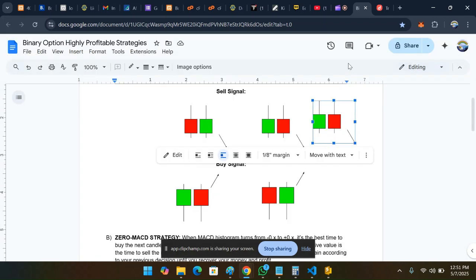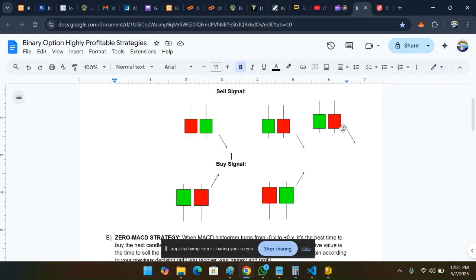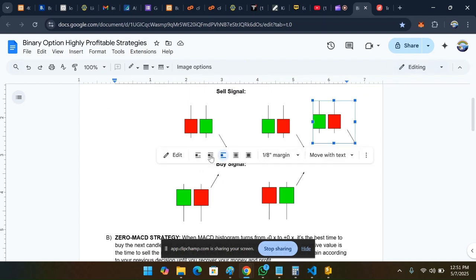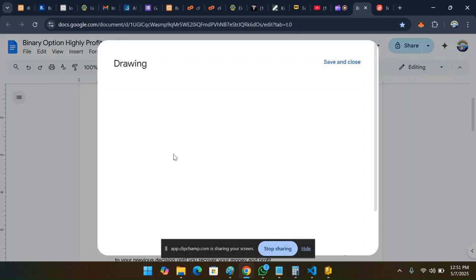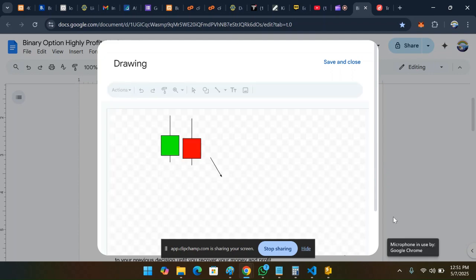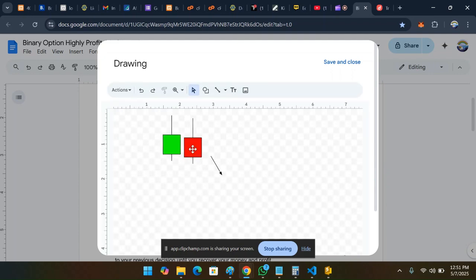Look at that. So you see that, just a minute, let it update. I think the internet was slow. What I'm trying to point out is, now look at this.